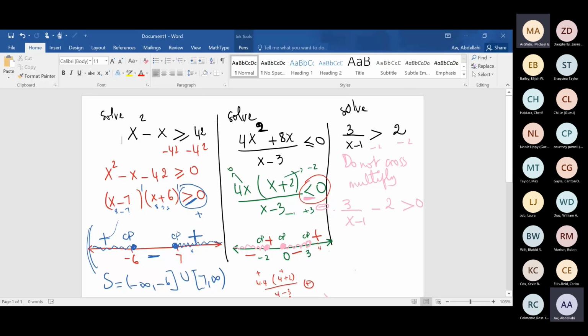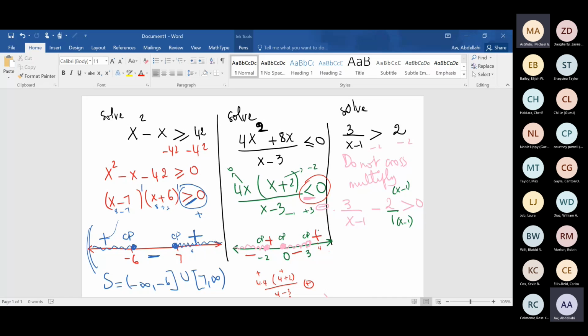Now, I'm going to view the 2 as 2 over 1, so I'm going to add these two. What is the LCD? It's x minus 1, right? I'm going to multiply by x minus 1. You see, I didn't multiply the whole stuff. I just multiplied the second fraction by x minus 1.